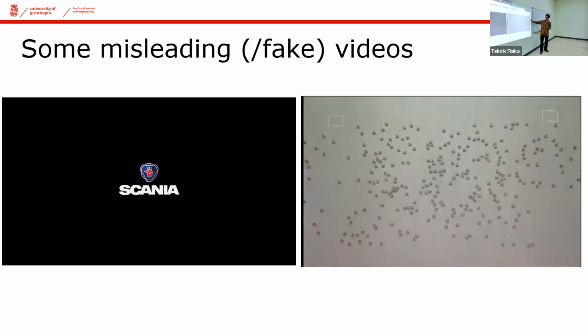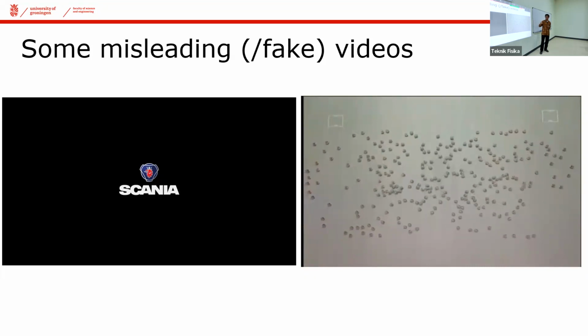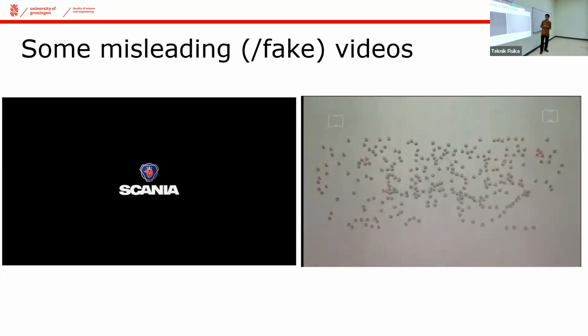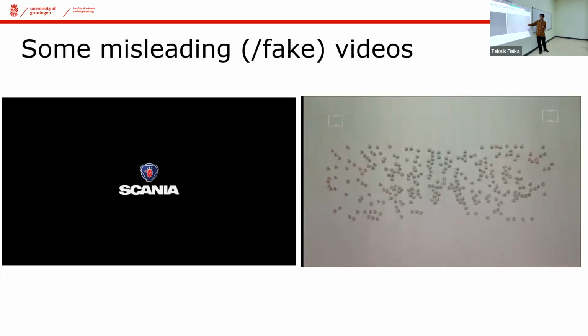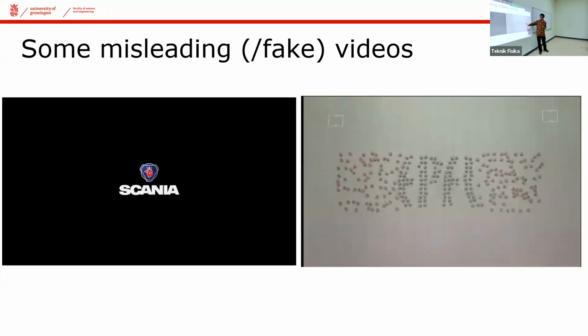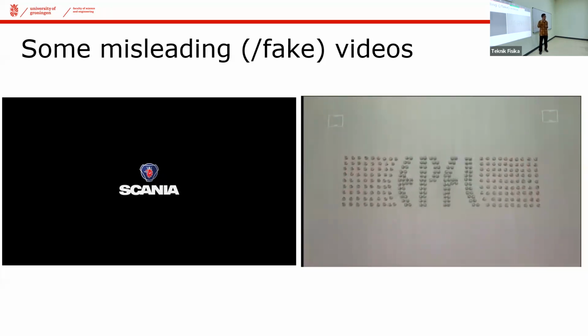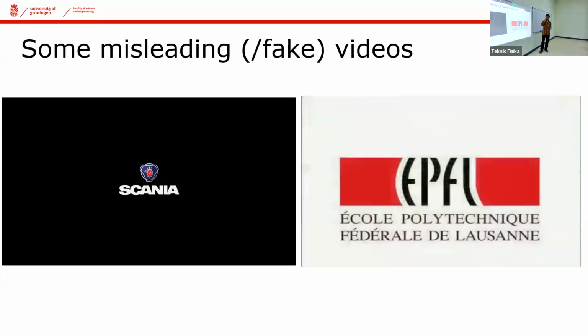So in this case, it will show a pattern of a famous university in Europe, and that is, I would try to wait a bit, the EPFL. That is one of the famous universities in Switzerland.